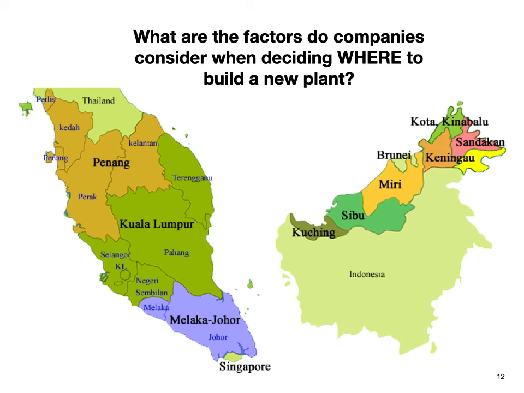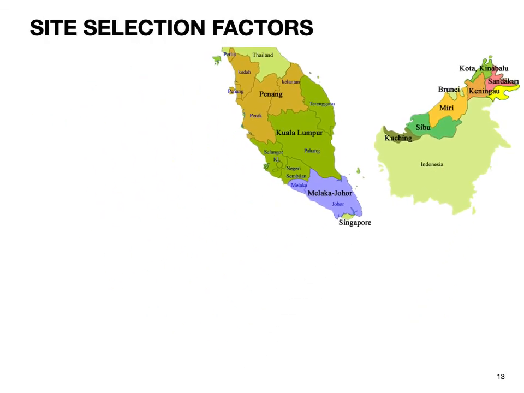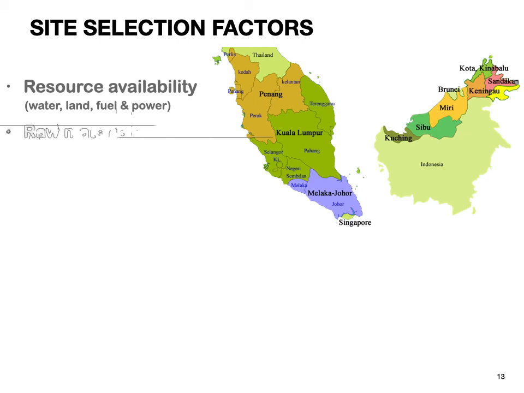So what are the factors companies consider in deciding where to build a new plant? This is a revision. I know you have gone through this, okay, but please consider this again. So on site selection factors, you have considered resource availability: water, land, fuel, power, whichever is required for your plant.